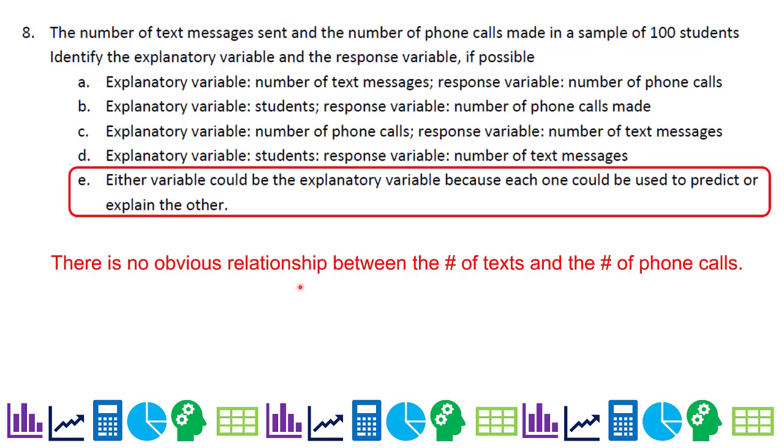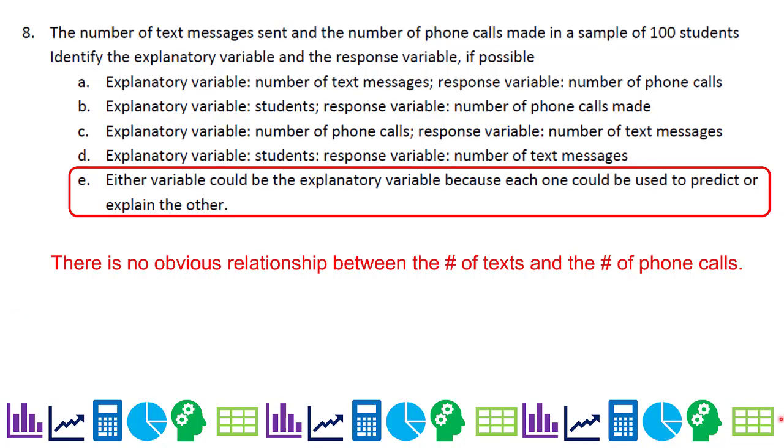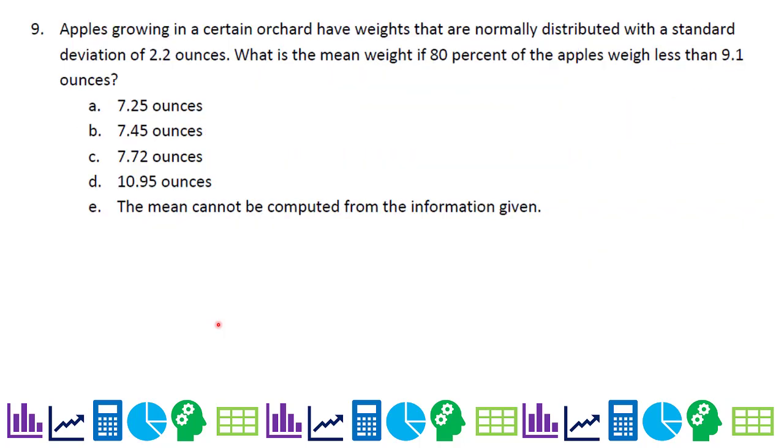So I would say that there's no obvious relationship, so either variable could be the explanatory variable because each one could be used to predict or explain the other.